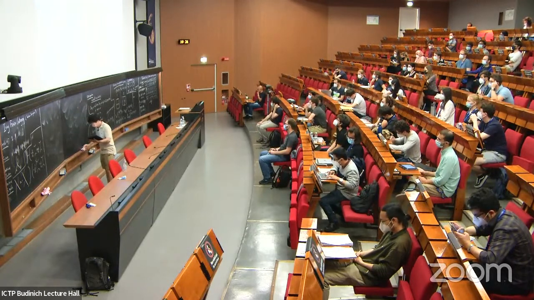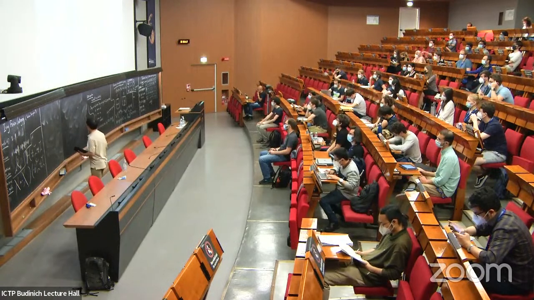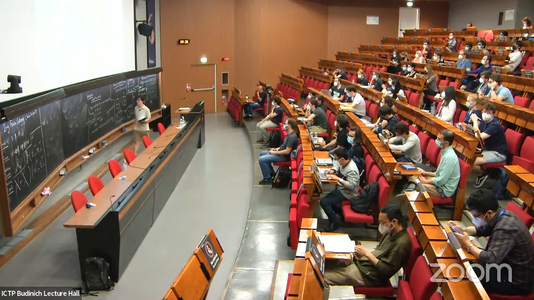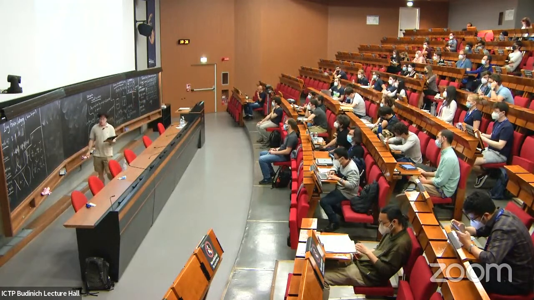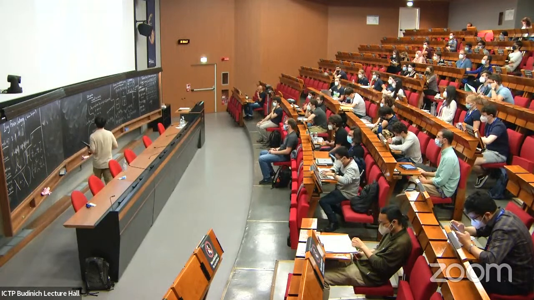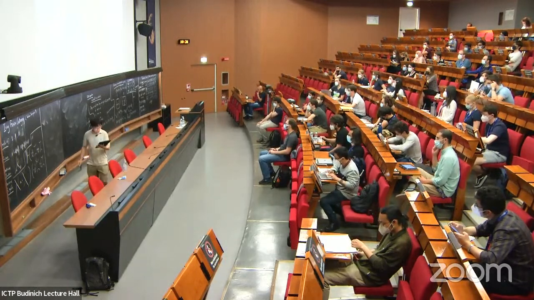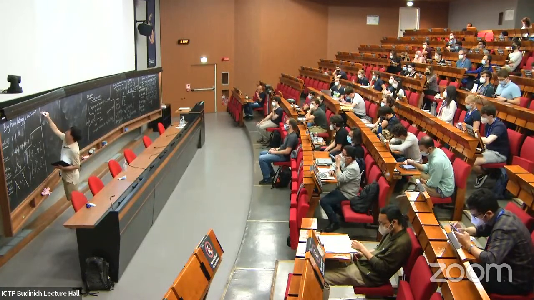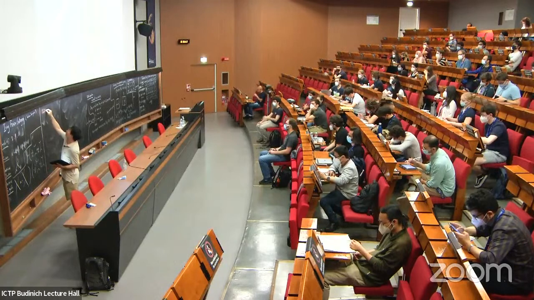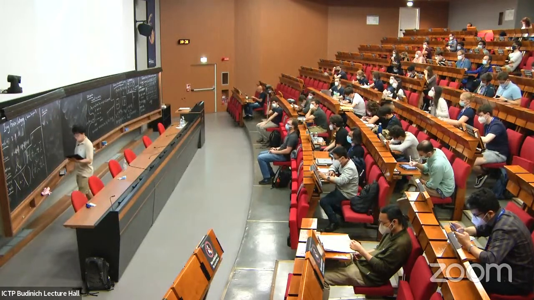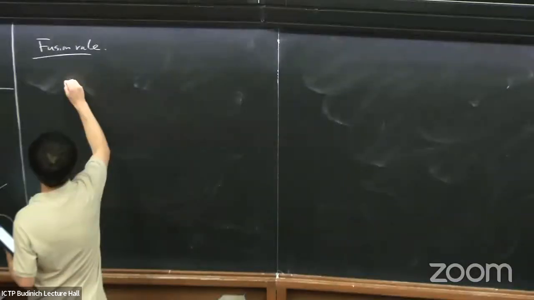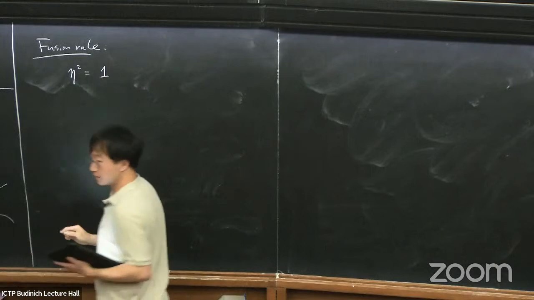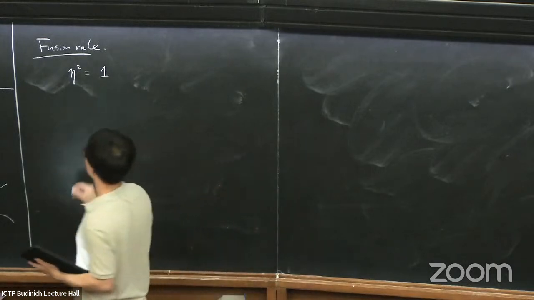All right. And we can learn a bit more from just this very simple table. Just from how it acts on the operators in the untwisted Hilbert space, you can already infer the fusion rule. In particular, the fusion rule of eta squared is identity. That's what we expect for a Z2 symmetry.